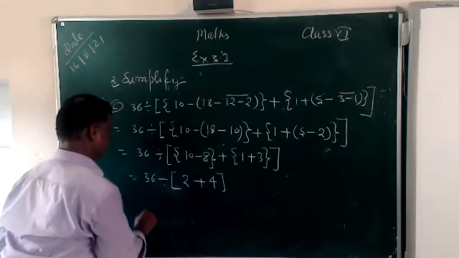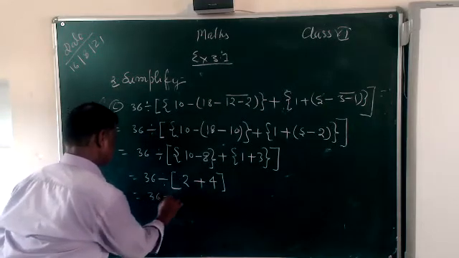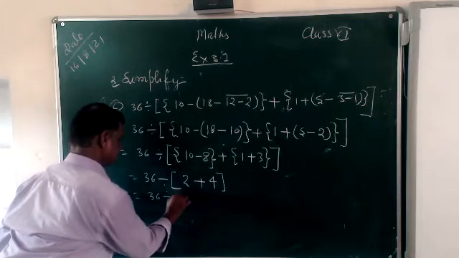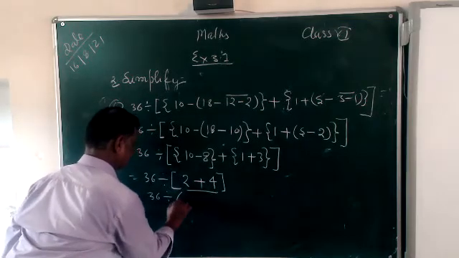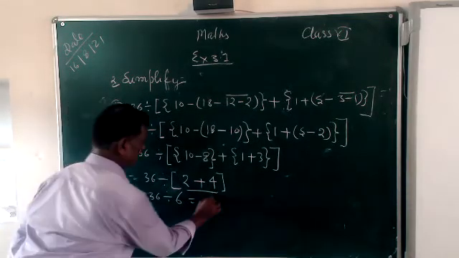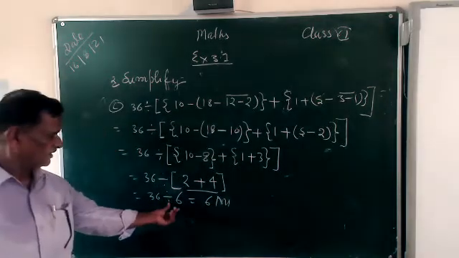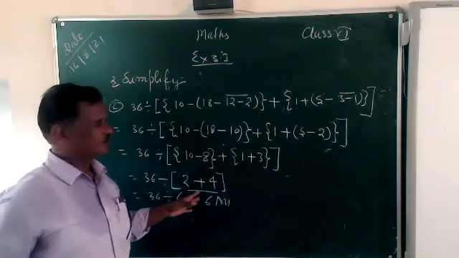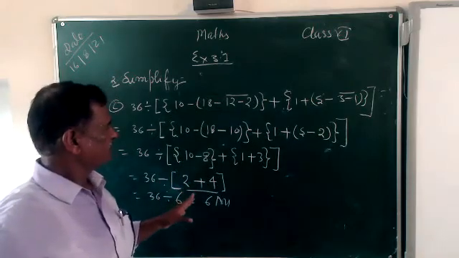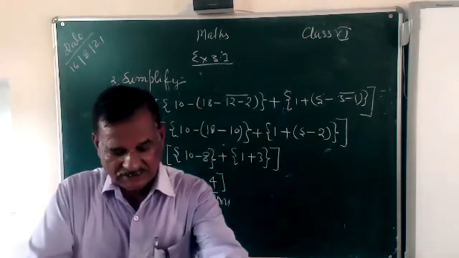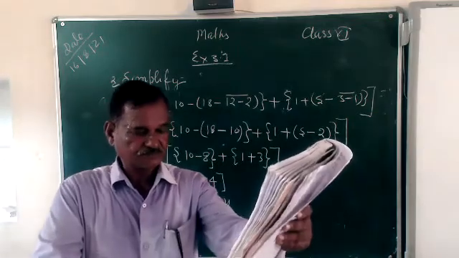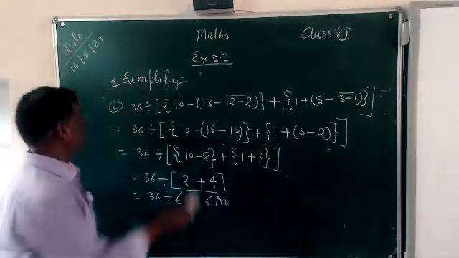In square bracket, 36 divided by 6, answer coming 36 divided by 6, you get the 6. This is your answer. This way, students, one question left, that also I try to do it.